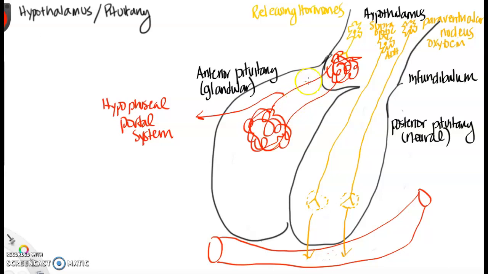The hypothalamus will dump its releasing hormones into the first capillary bed, and they will come down into the second capillary bed. And this is where we then cause the release of a stimulating hormone.